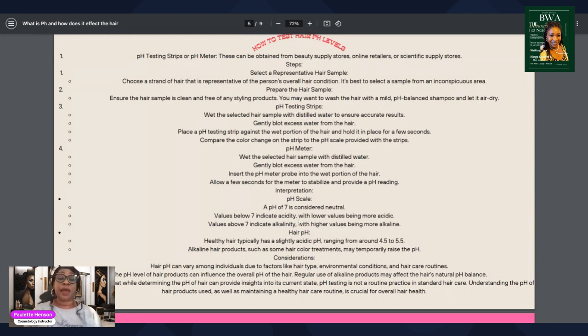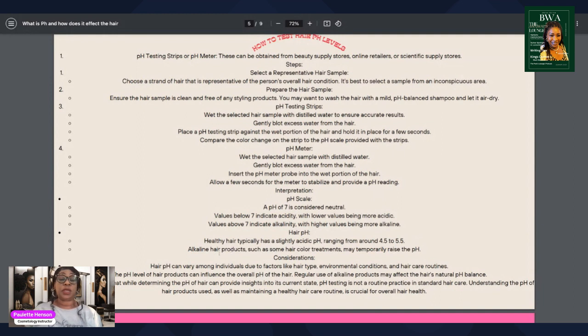Now, on a scale, a pH of 7 is considered neutral. Values below 7 indicate acidity, with lower values being more acidic. Values above 7 indicate alkalinity, with higher values being more alkaline.